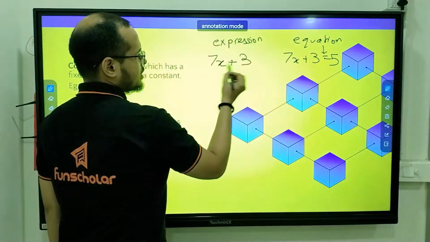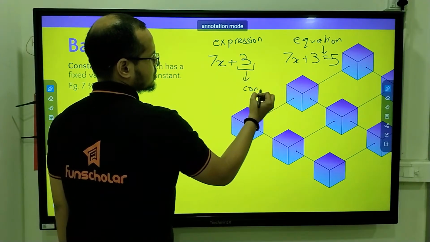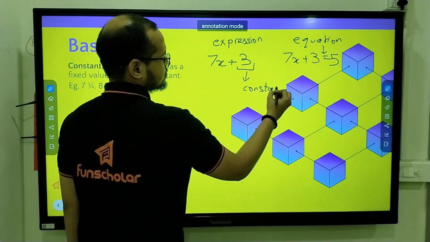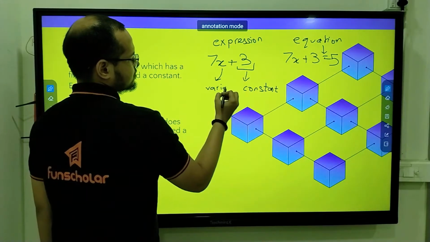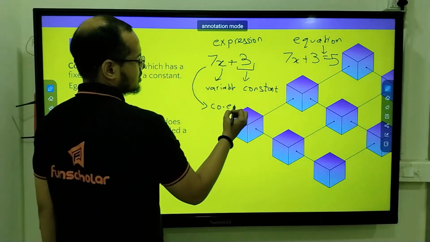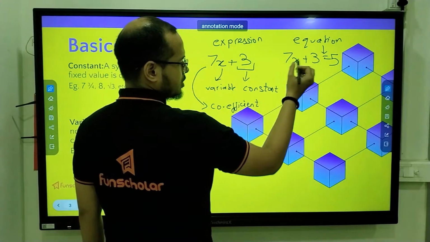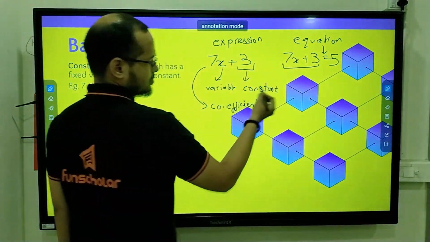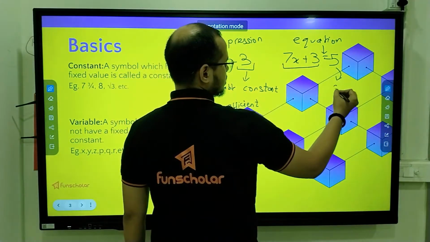In this, 3 is what is known as the constant, this x is the variable, and this 7 is the coefficient of the variable. In the equation it is the same variable, coefficient and constant, and this 5 is also another constant.